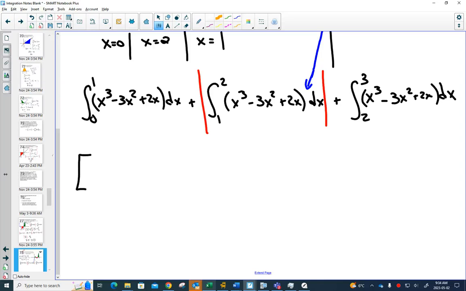I'll write out the integral here for this one from 0 to 1: it is going to be x to the 4 over 4 minus x cubed plus x squared. And then you would write that same integral 2 more times and have an absolute value. And then you'd plug in.